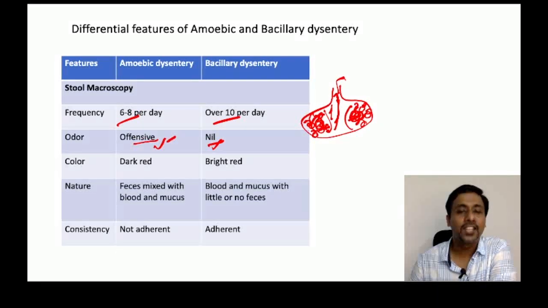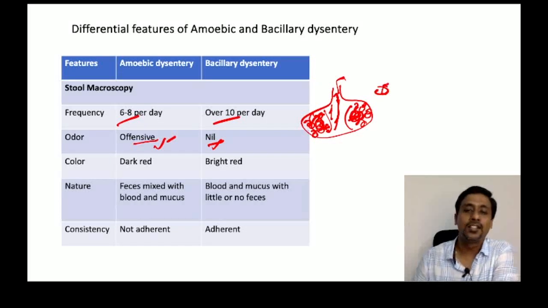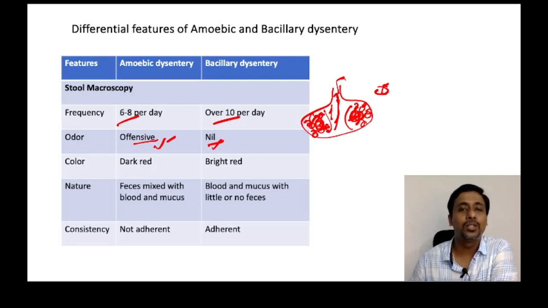Whereas in case of bacillary dysentery, the ulcer is very superficial. So whatever material is damaged or sloughed out by the bacteria will immediately be released into the stool. So there is no odor of the stool. Okay. Now the color. The color of stool is dark red in amoebic, whereas in bacillary it is bright red.